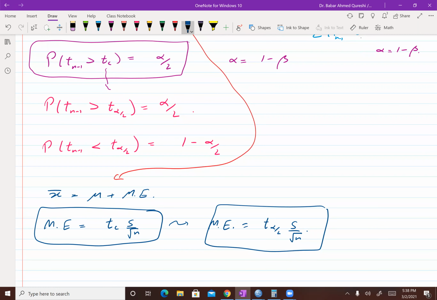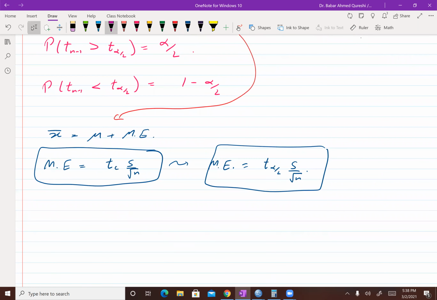And this margin of error would then be used to compute the upper confidence level, which is mu plus margin of error, and the lower confidence level, which is mu minus margin of error. And then your confidence interval is simply this interval.